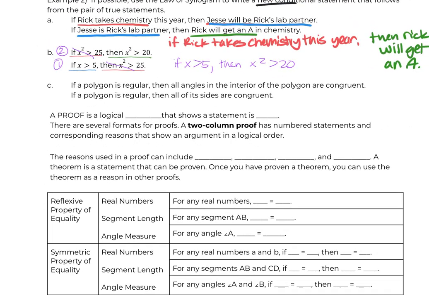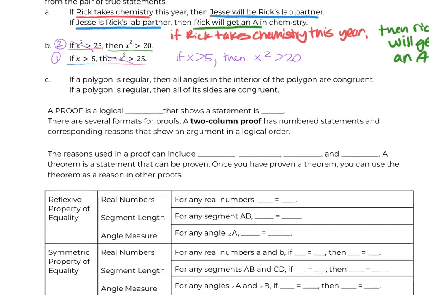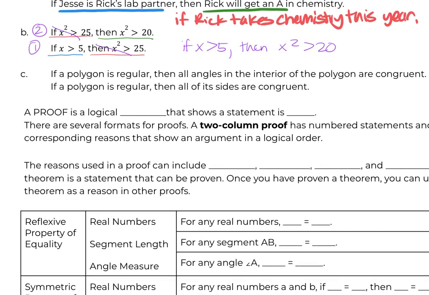So I'm going to look at this one, C, and where do you see that repeating piece? If a polygon is regular, then all angles in the interior of the polygon are congruent. If a polygon is regular, then all of its sides are congruent. Notice that both of these are my if part, right? Both of these are if.